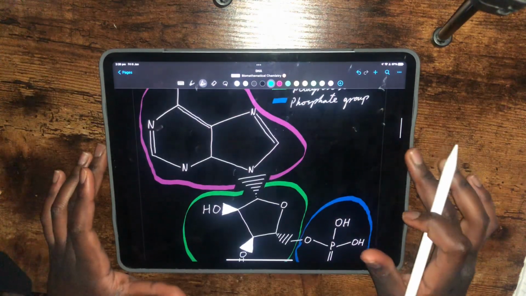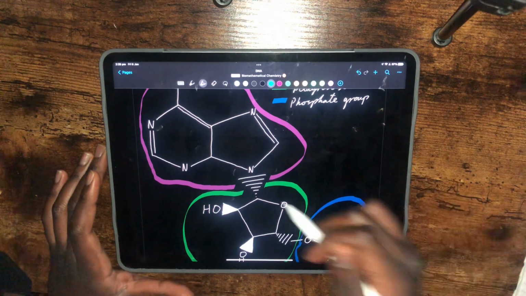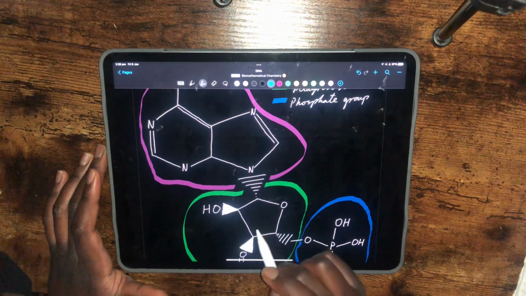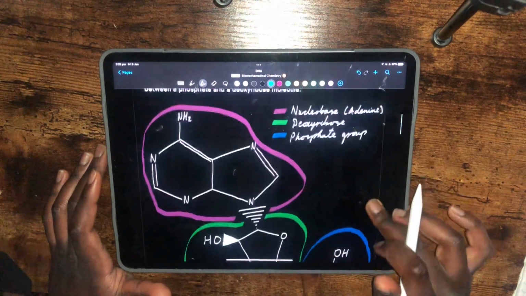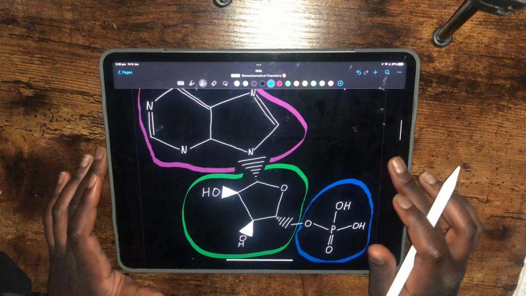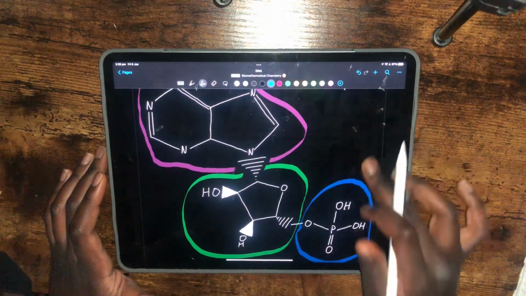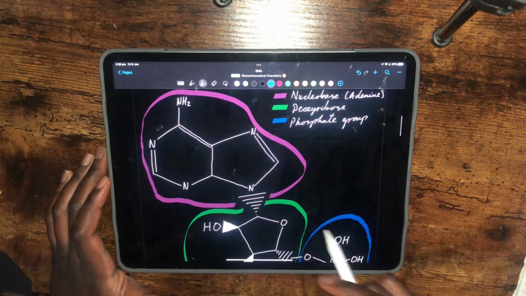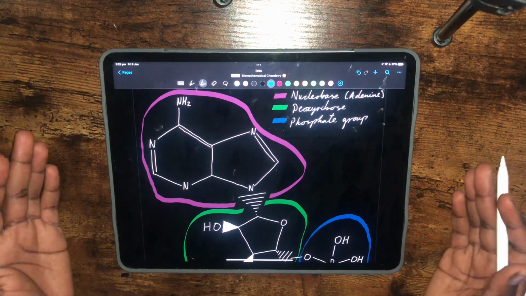So the only way we can actually give an IUPAC name to this is by going by the constant here, which is always the deoxyribose sugar. So what I mean by this is, consider the nucleobase as being the main side group, because that's the one that changes, and that's what gives the name of the nucleotide, right?